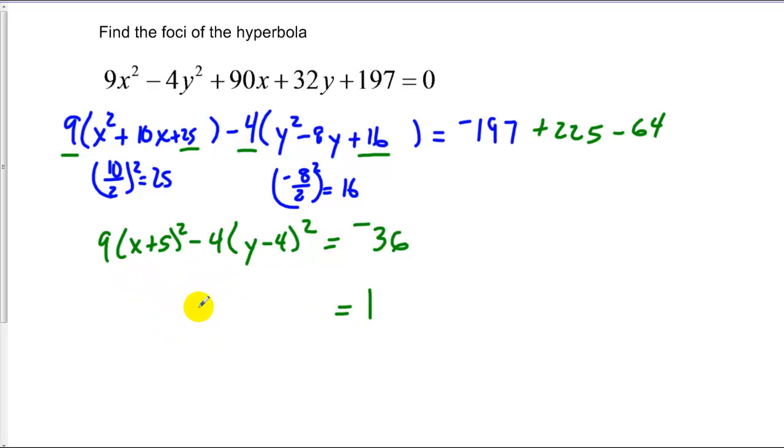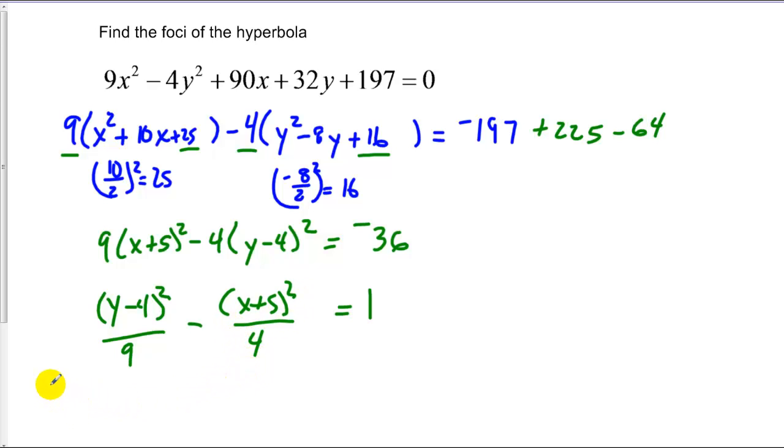Dividing by negative 36 is going to change the sign, so I take negative 4 divided by negative 36, giving me a y minus 4 squared term that's positive over 9. When I divide the 9 by negative 36, I now get a negative term: x plus 5 quantity squared over 4.